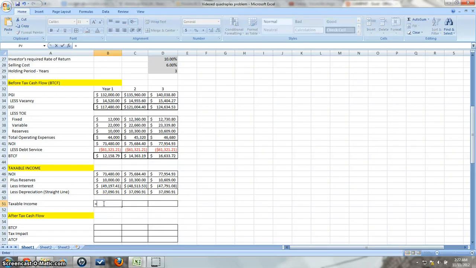Now, the taxable income is going to be the net operating income plus the reserves, plus we're going to add the interest because the interest value is negative, and we're going to subtract the depreciation value because it's positive.